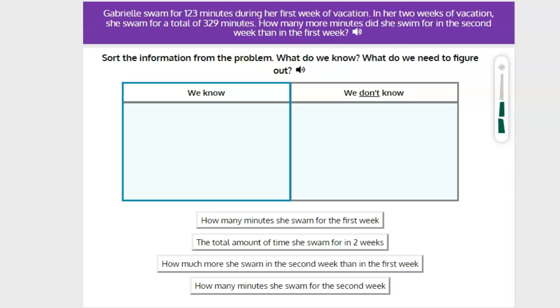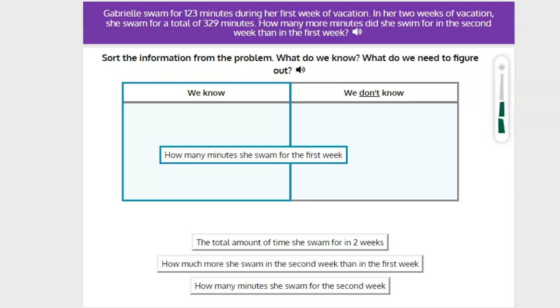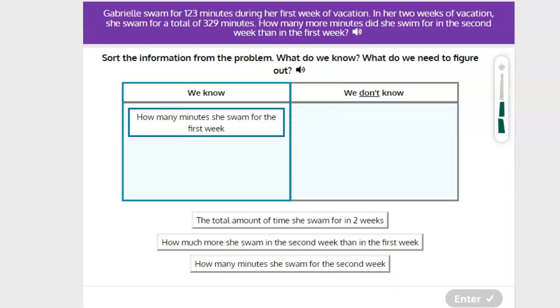Great, let's go over it together. Do we know how many minutes she swam for the first week? Yes, we do know that information because it says Gabrielle swam for 123 minutes during her first week of vacation. Do we know the total amount of time she swam for in 2 weeks?